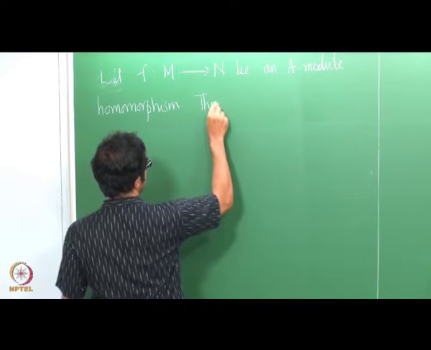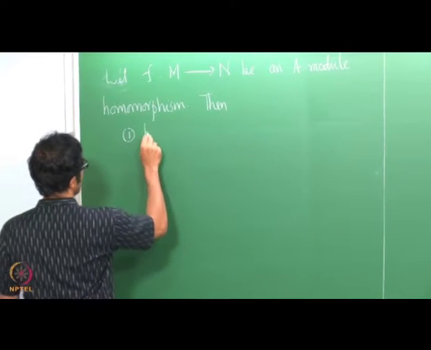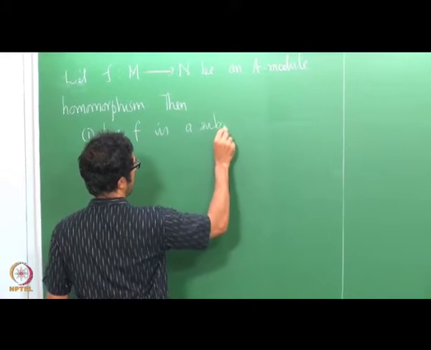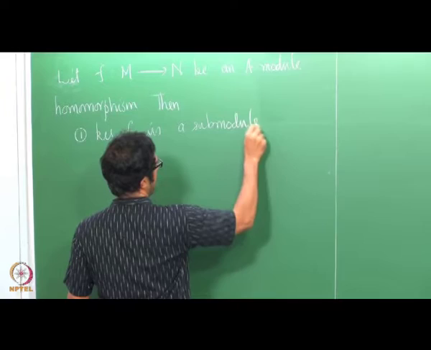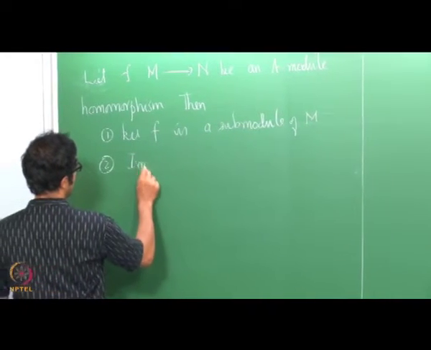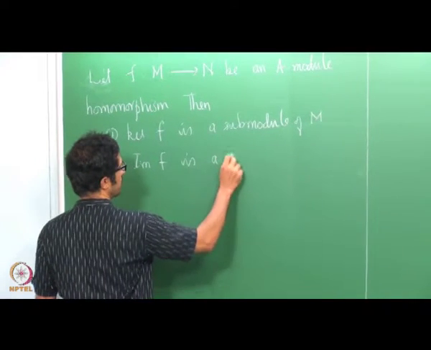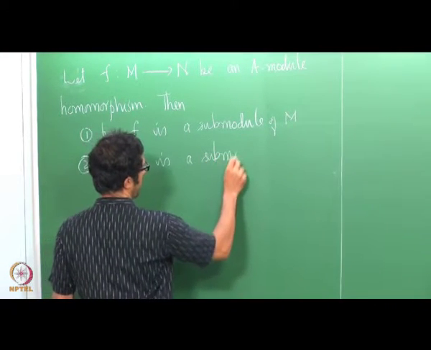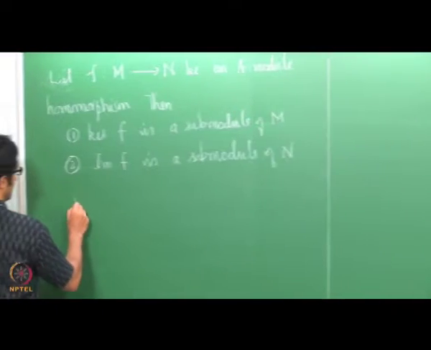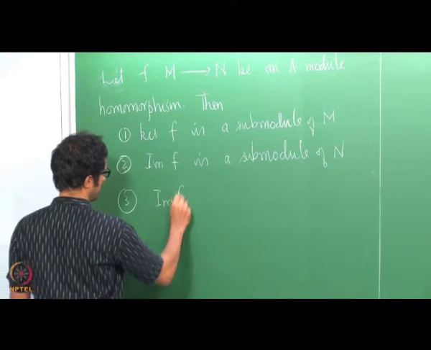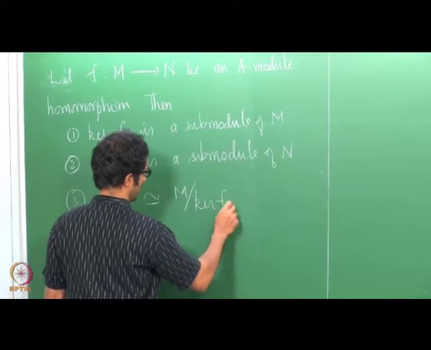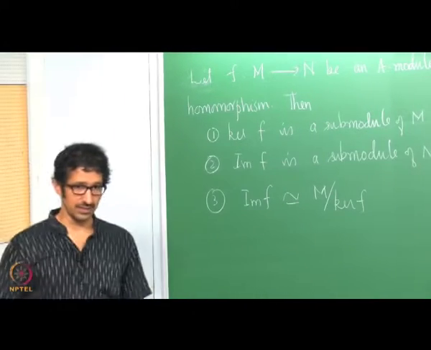Then, one, kernel f is a submodule of M; two, image f is a submodule of N; and third, image of f is isomorphic to M modulo kernel of f.